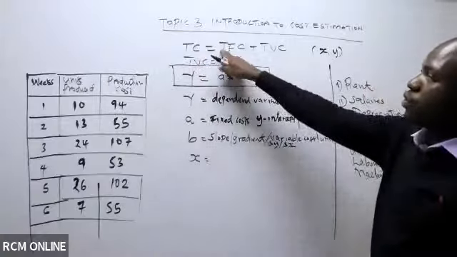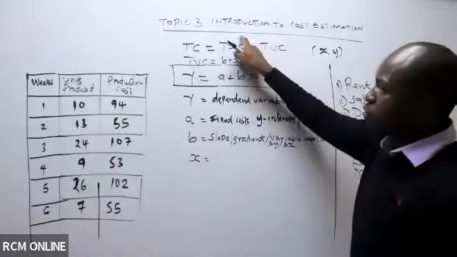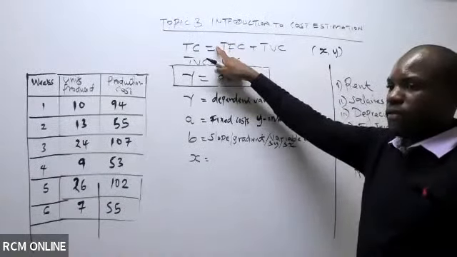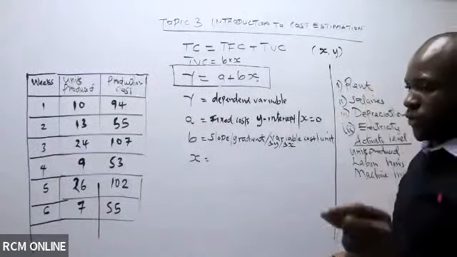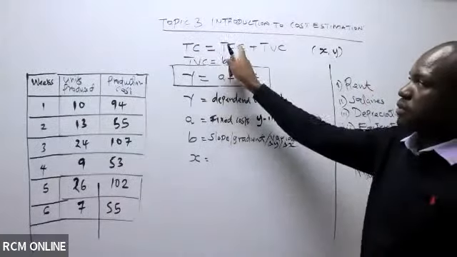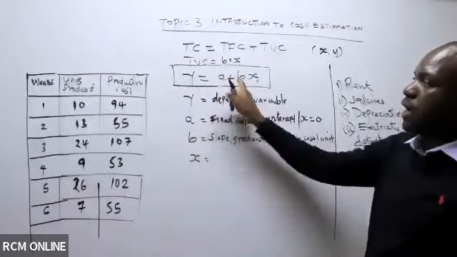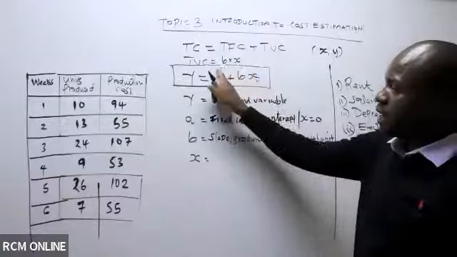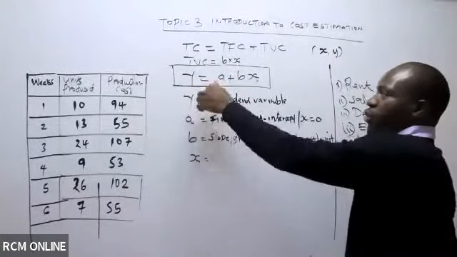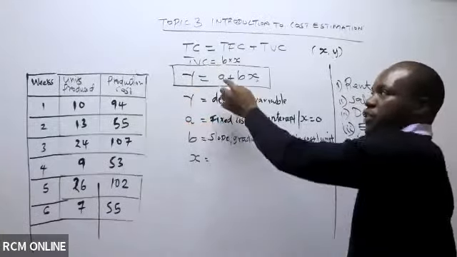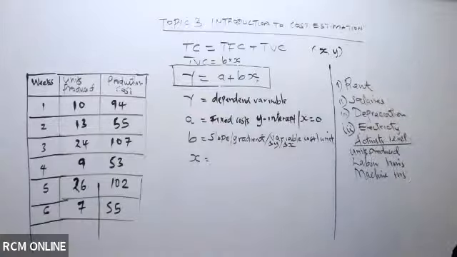Now, back to the main function here. You can see we have total fixed cost plus total variable cost. What have we said about total fixed cost? Even if you've done nothing, you will still incur the total fixed cost. So look at our cost function, y is equal to a plus bx. From this entire function, for us to be able to record changes in y, what do we expect to change? Is it a, is it b, or x?